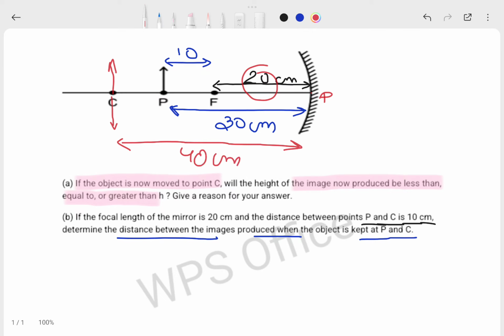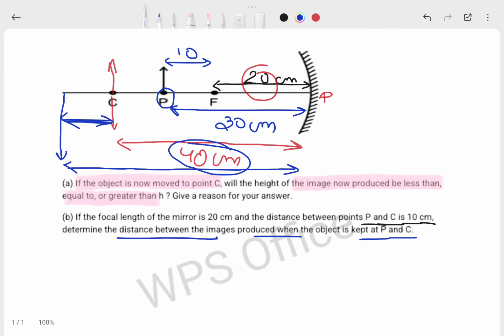And when the object is placed at point P, let us suppose that its image is forming at this point. First of all, we will calculate this image distance. Then we will subtract this distance from 40 and get the difference between the distances of the two images.